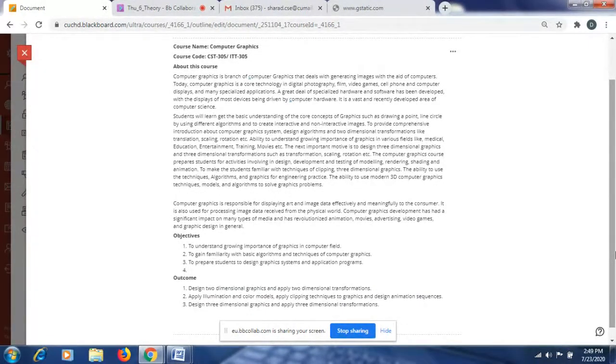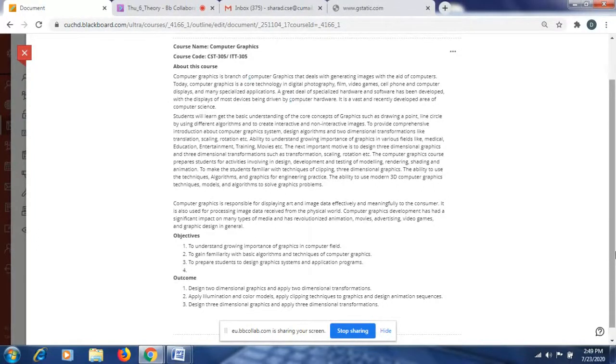The first objective is to understand the growing importance of graphics in the computer field. Computer graphics covers the basic concepts that are useful in the computer science field, and we become familiar with the basic algorithms and techniques that are used in computer graphics.